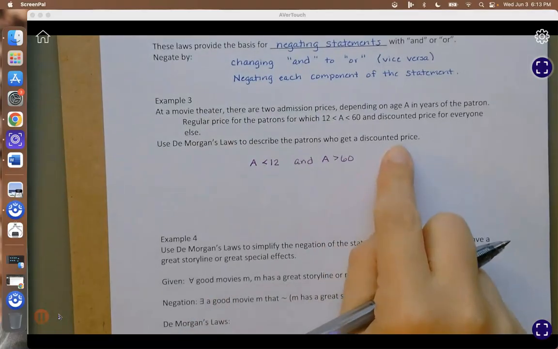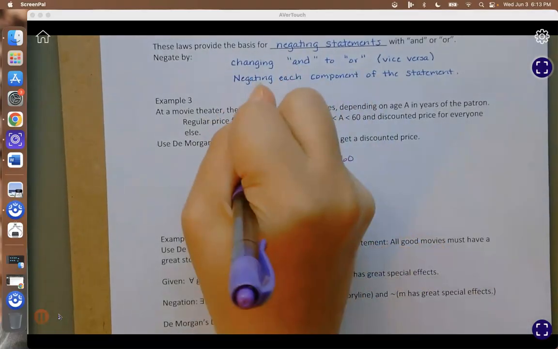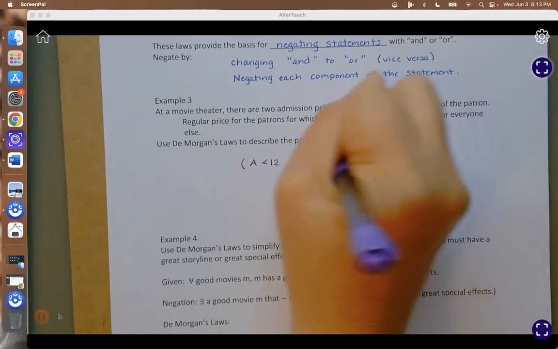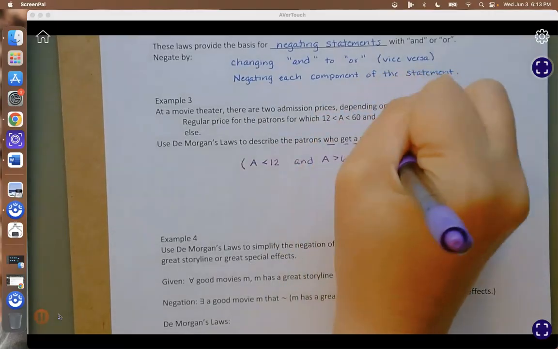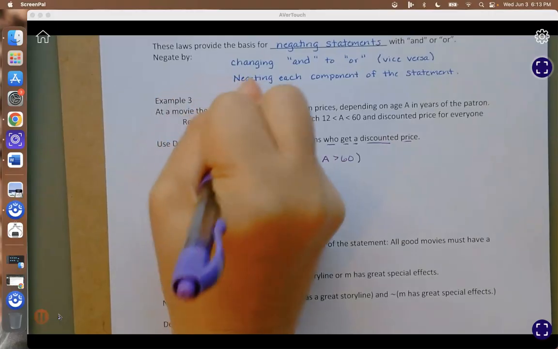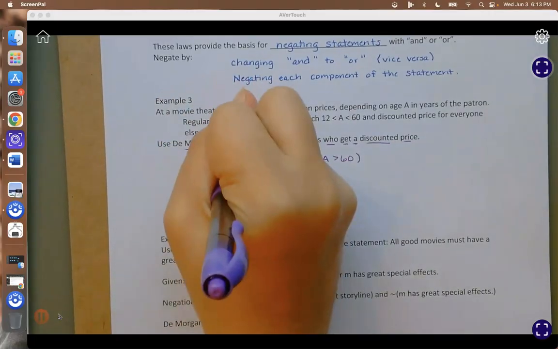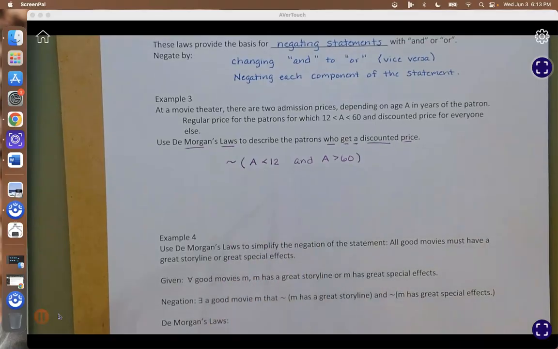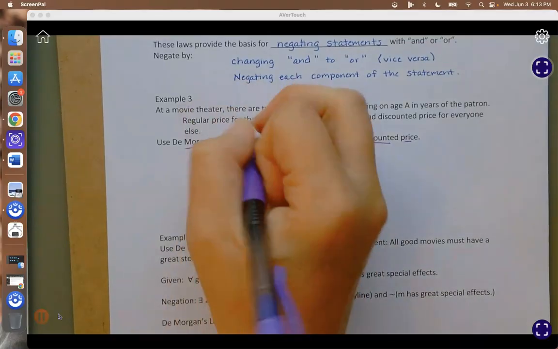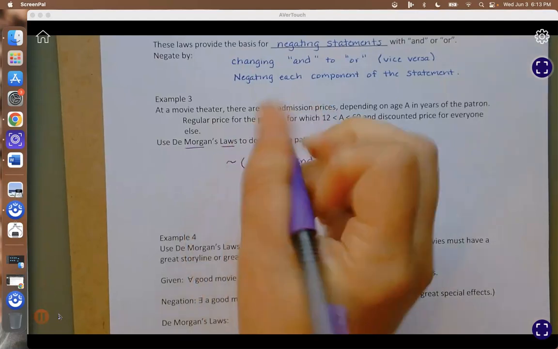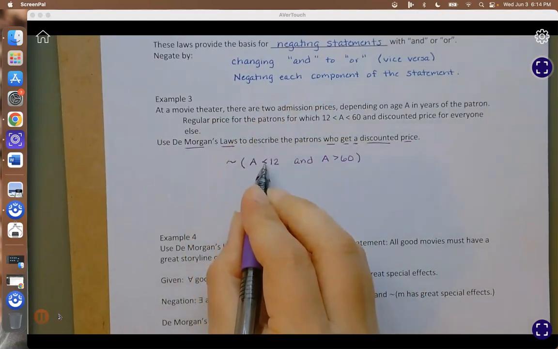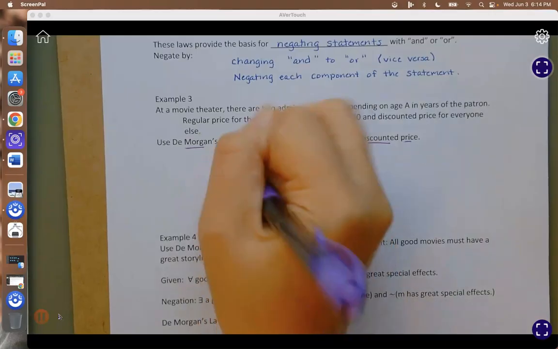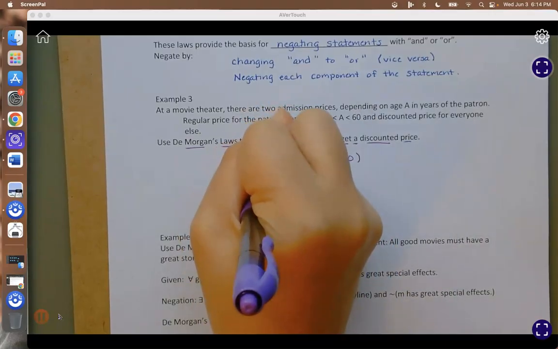So we're trying to figure out the people who do get a discount. Okay, so we're using De Morgan's laws. So we're going to do not these people. Okay, so what does that mean? Well, we're going to negate this, and change this to or. Okay, so when you negate this, remember it flips the symbol and you get the equal to if it wasn't there.